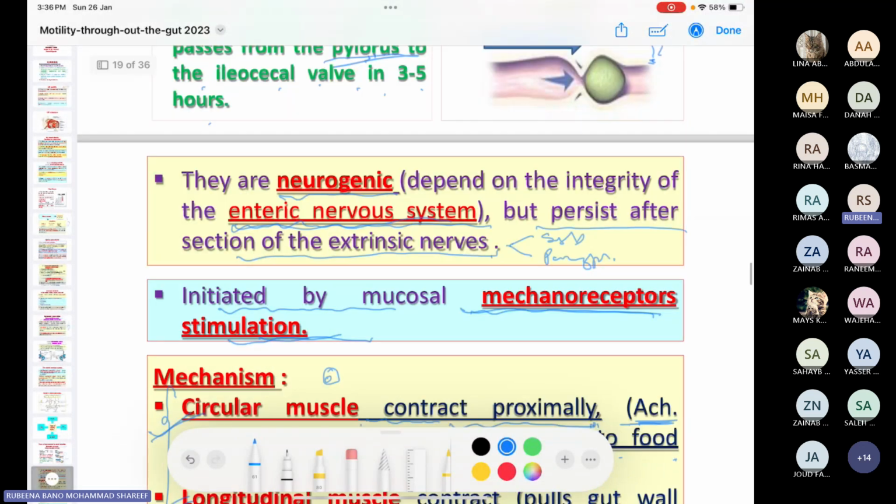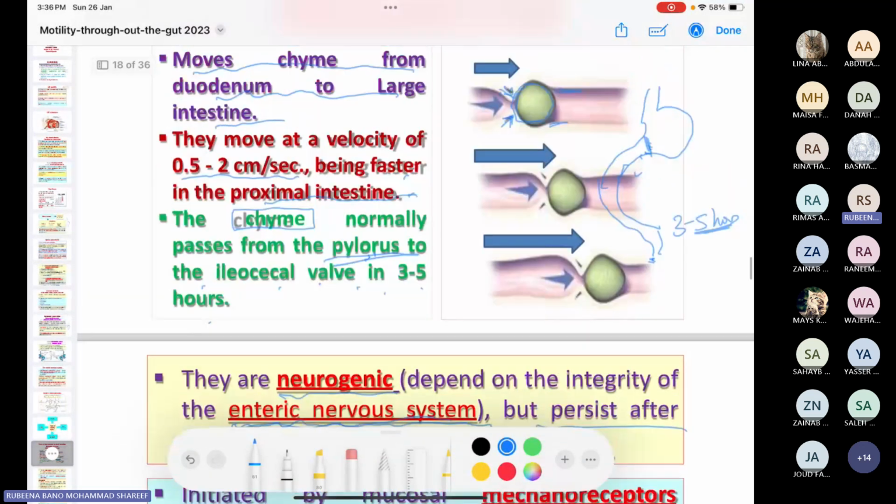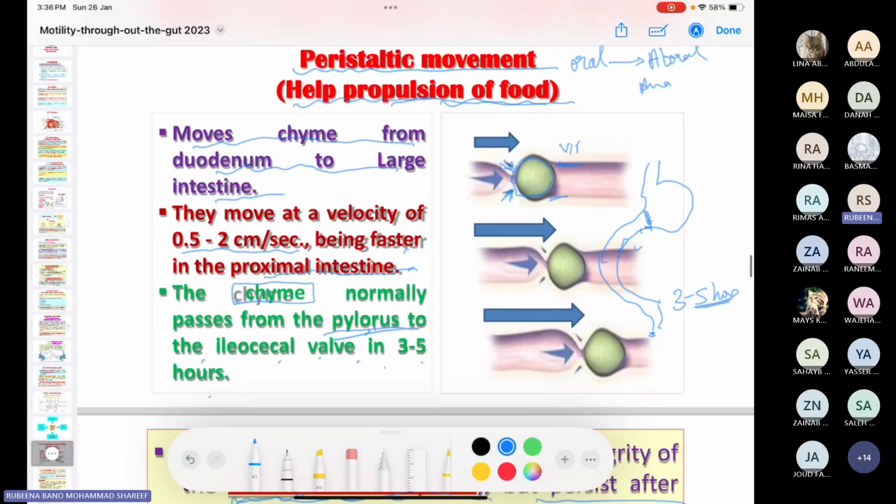These neurons are present and they will release VIP, so there will be relaxation. So when it is here, there is contraction, and here relaxation. So what will happen? This bolus will move in the forward direction, as you can see here.